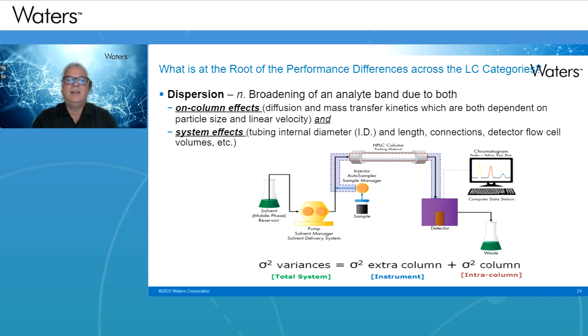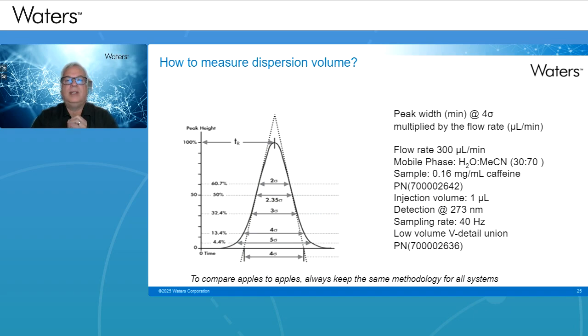So there's a dispersion inside the column that is necessary. We cannot avoid it, but everything that happens after that will need to be considered. So we take the peak width at 4 sigma, that value over there, and we multiply by the flow rate, and this will give us the dispersion value.